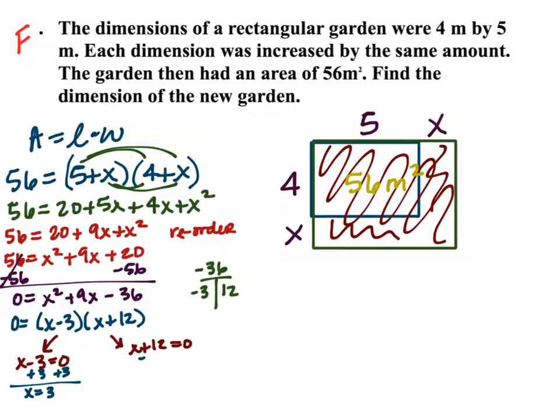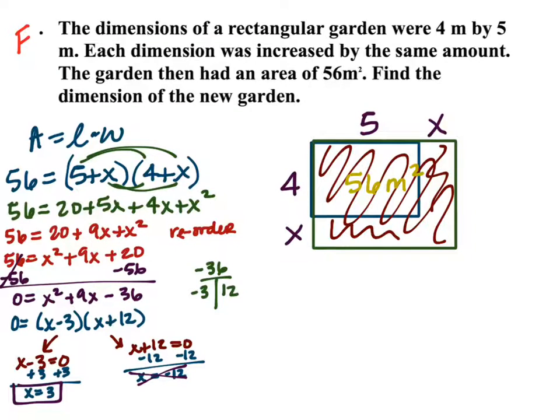Over here, I'm going to subtract 12 to both sides just to make sure that I don't have two possible answers, because that could be likely. But in fact, I don't. I'm going to cross this one out because it has a negative value, and in this application, I can't have a negative measurement length.